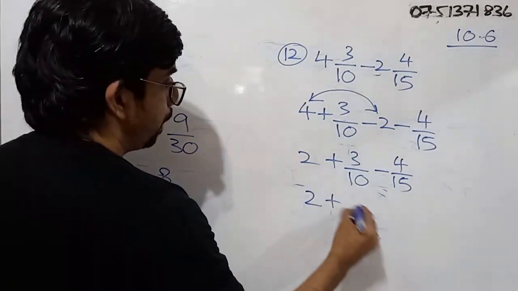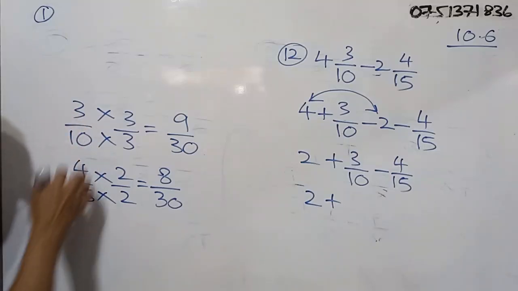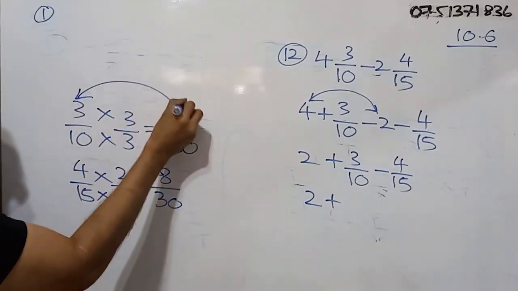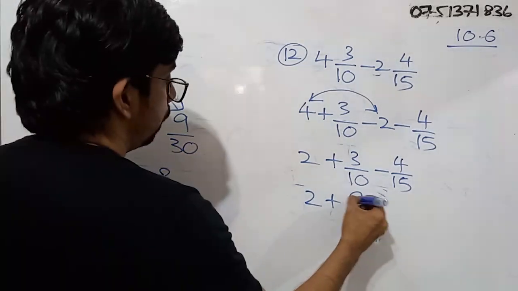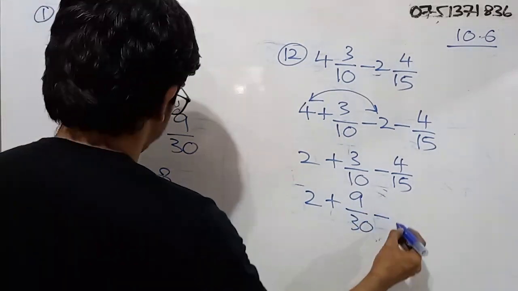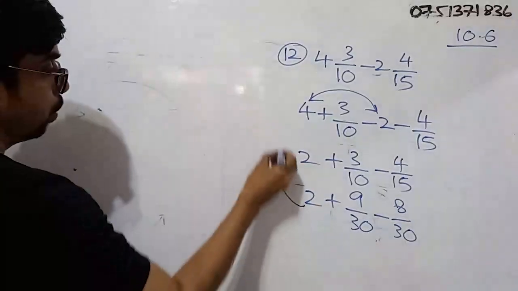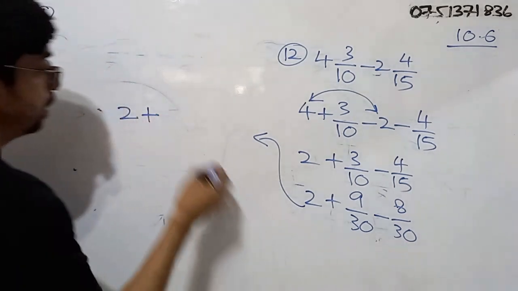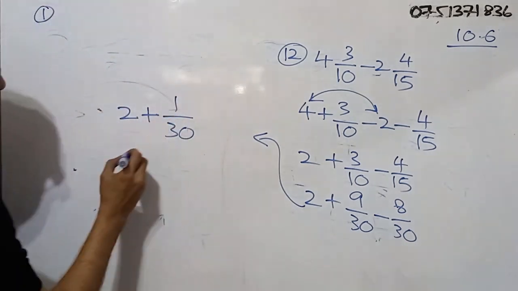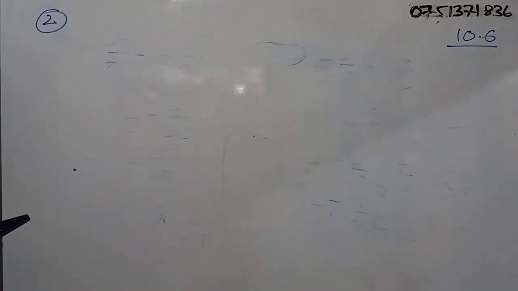That means 2 plus, instead of 3 by 10 and 4 by 15, I can use these values, right? So 9 by 30 minus 8 by 30. So I will continue over here. So what's the outcome? 2 plus outcome of this 1 by 30. That means 2 and 1 by 30. That's the answer.